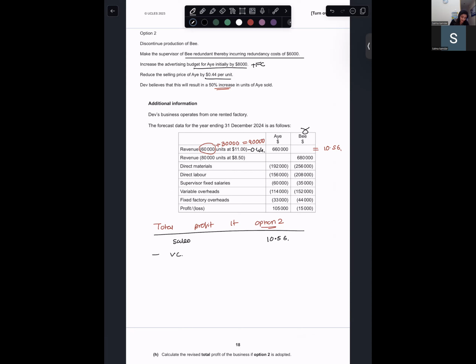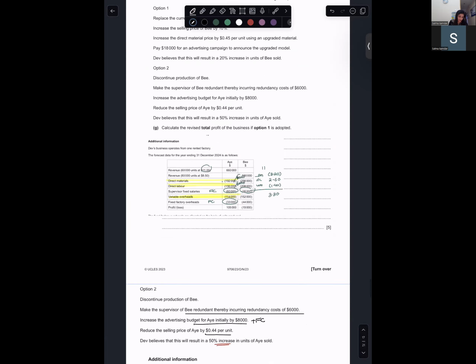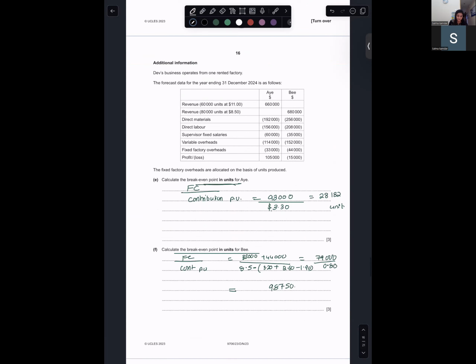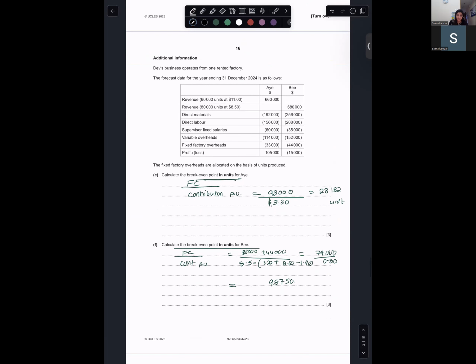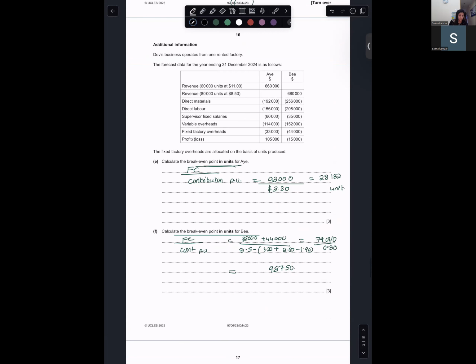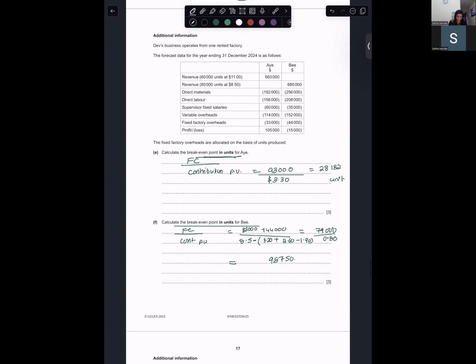There is no change in the variable cost for I. So the variable cost for I was 3.20 plus 2.6 plus 1.9, which is 7.7.